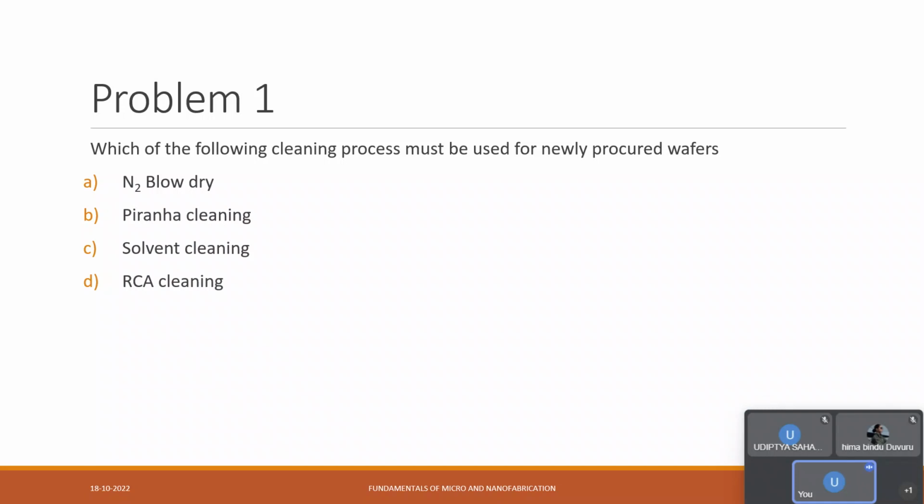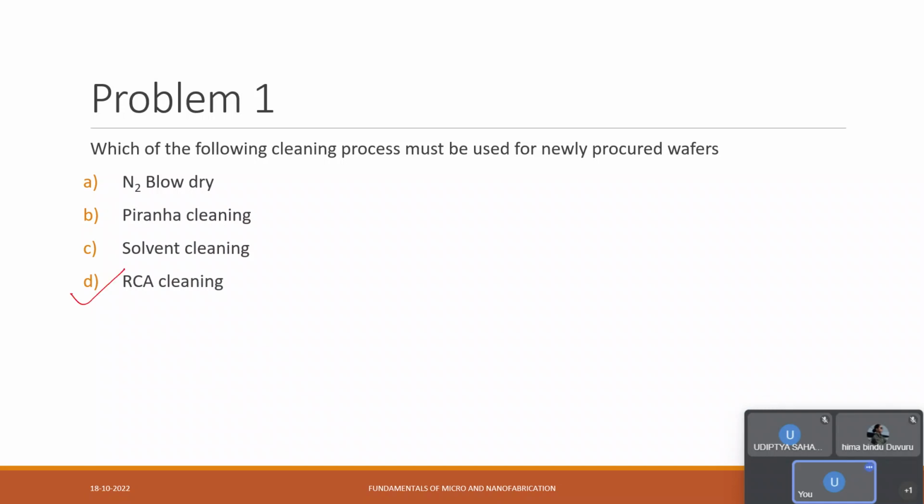Essentially, a newly procured wafer, just come from the vendor, will have all kinds of contaminations, including metal contaminations. The best option is RCA cleaning.